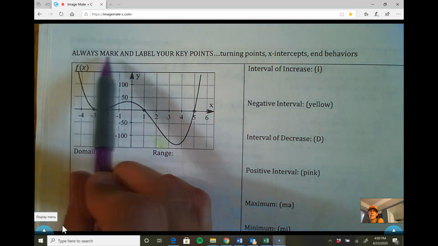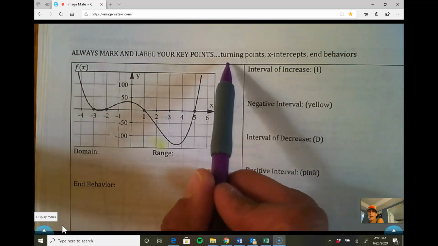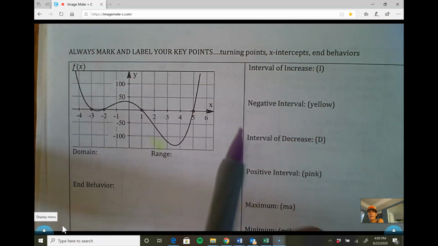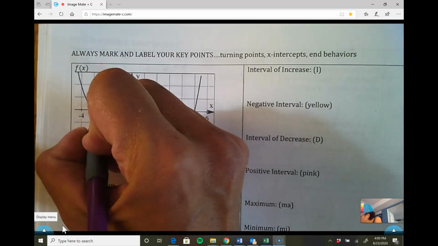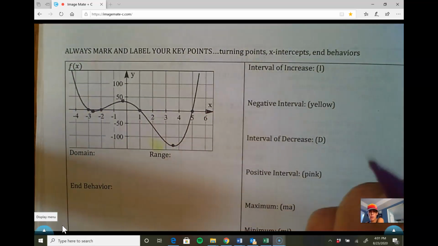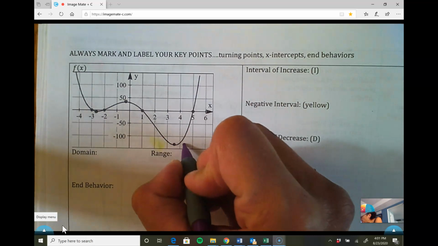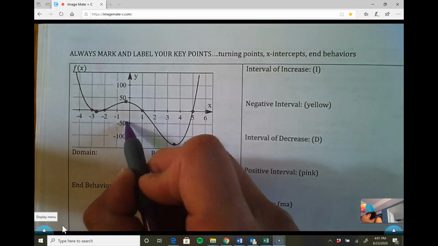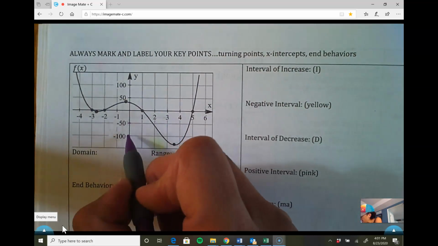All right, we've got about 2 examples, and then you'll have some more practice. So the first thing you should do is always mark and label your key points. So any turning points, the top of the hill, the bottom of the valley. So here, here, and here. And we're going to estimate these points. So I think this one is about 3.5. And if this is -50, these are going by 50s, right?